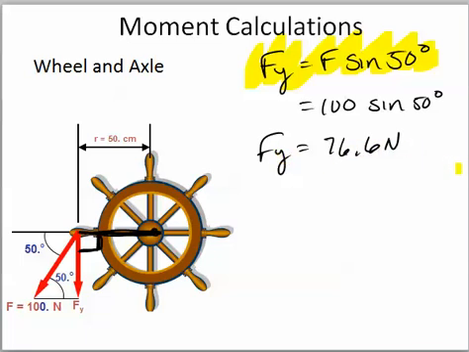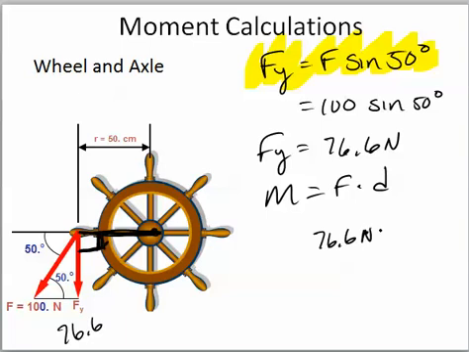So now I'm going to go back to my moment. Moment equals force times distance. I now know that the perpendicular force is 76.6 newtons. The distance is 50 centimeters.